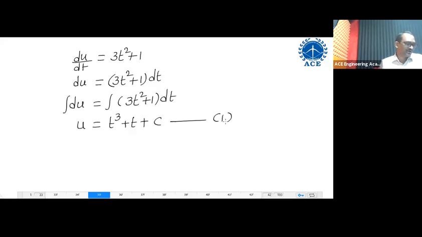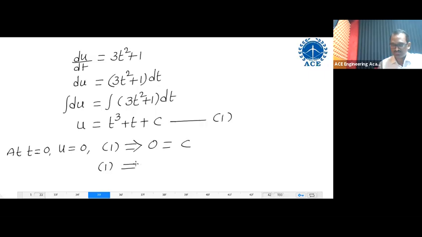You are given a condition. What is the condition we were given? u0 at t0. Here at t0, we have u0. Then in equation number 1, putting u0, t0, we get c equal to 0.